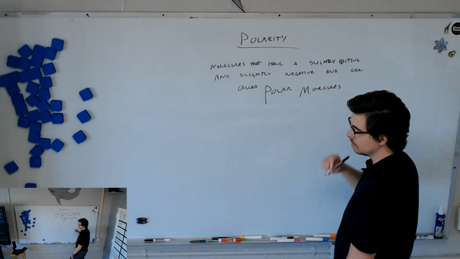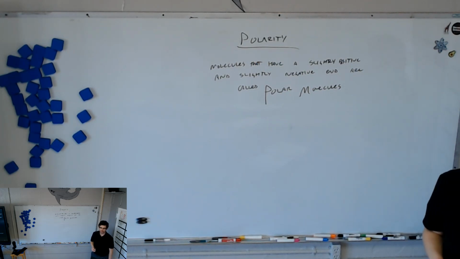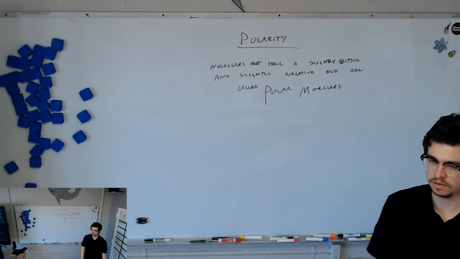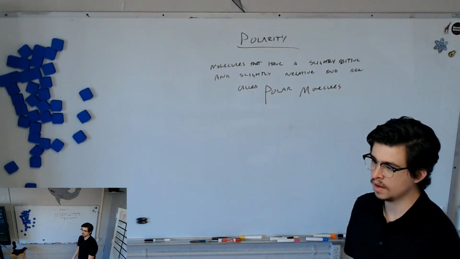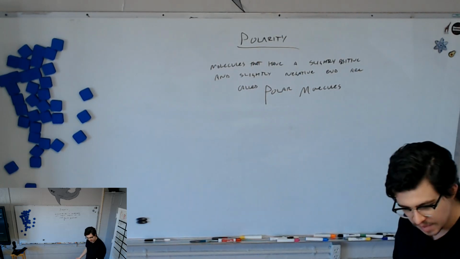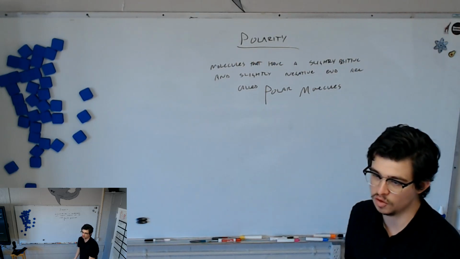Because they have what? Poles. Because they have poles. They have a positive pole and a negative pole. What's sometimes called a dipole. What does di mean? Two. Yeah, because they have two poles.